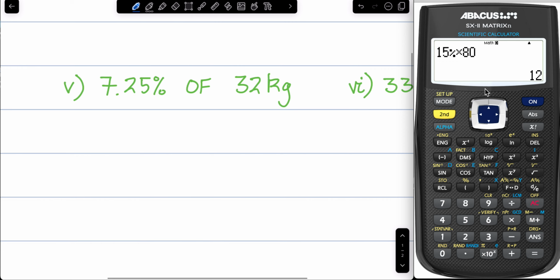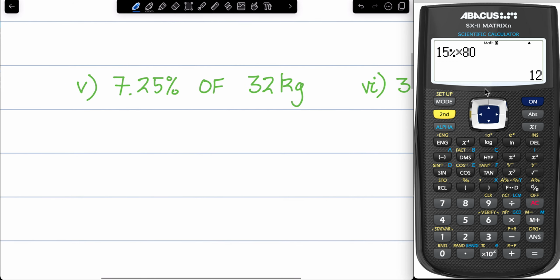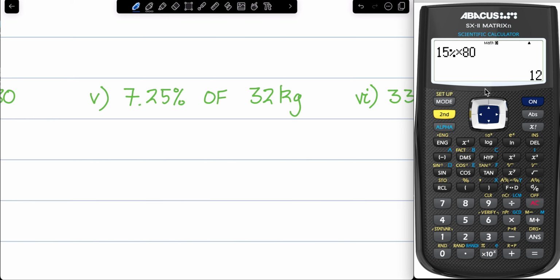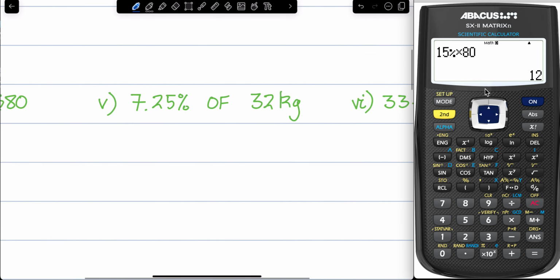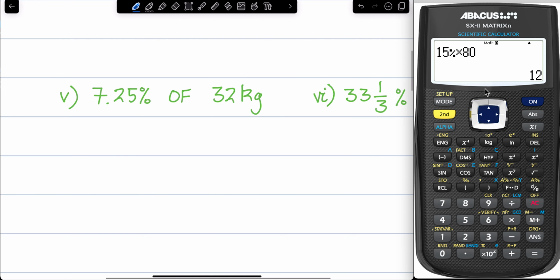For this one, let's make this into a decimal this time. Oh, actually, there's a decimal already. Yeah, that's fine. So it's going to be 0.0725 times 32.